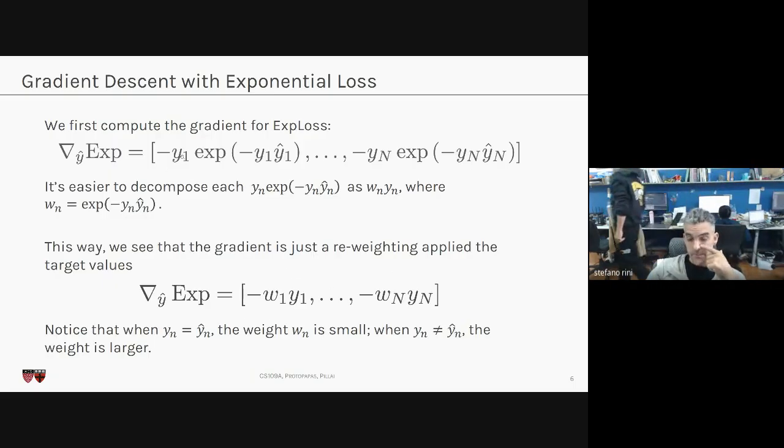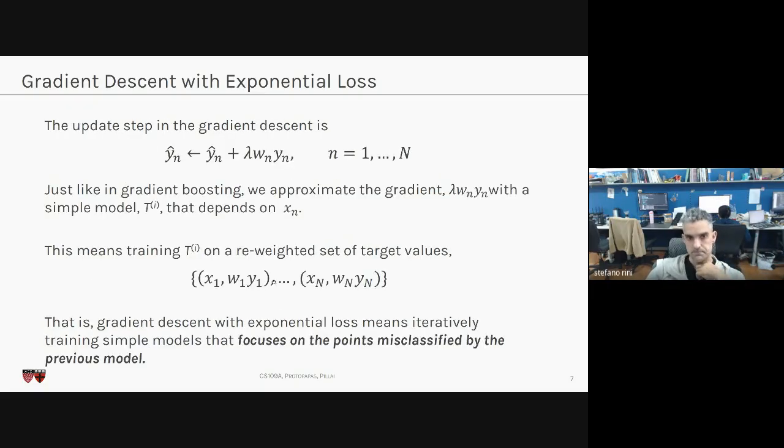The y_1 remains as the true label, and then you have this w_1. This w_1 is our weight, and the weight is small when the prediction is correct and large when the prediction is incorrect. Particularly, when the weight is e to the -1, we have a right prediction, and e to the 1, we have a wrong prediction.